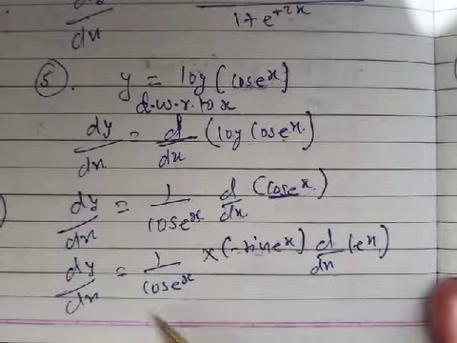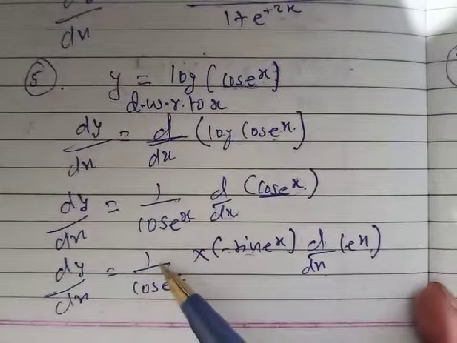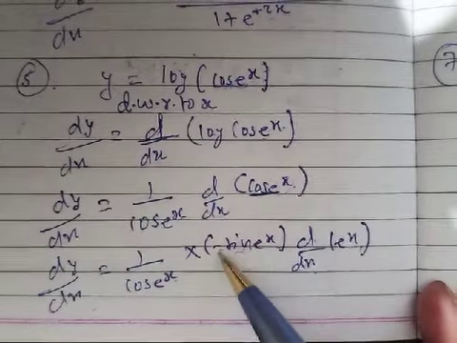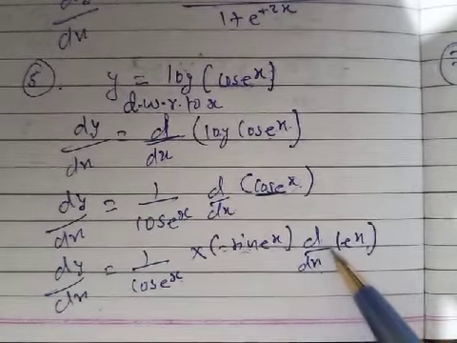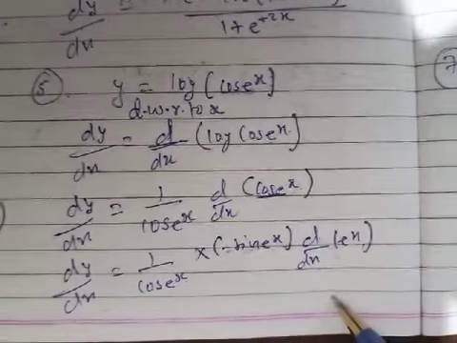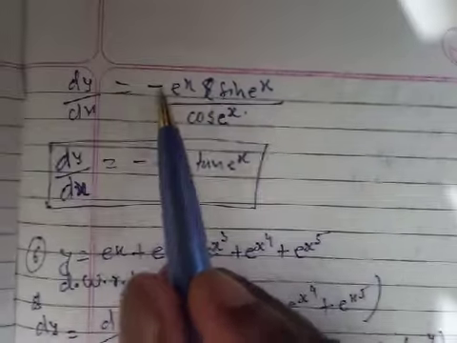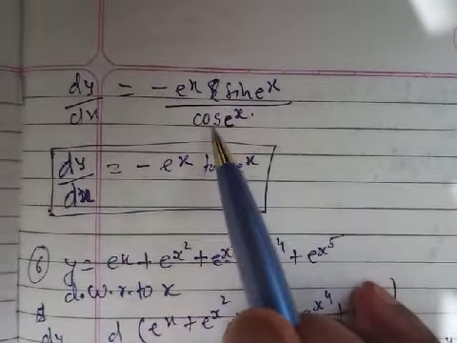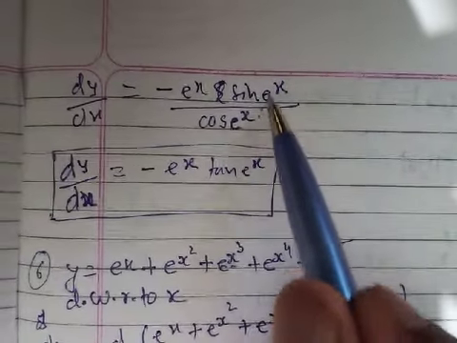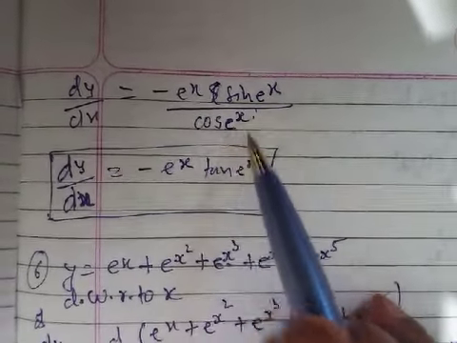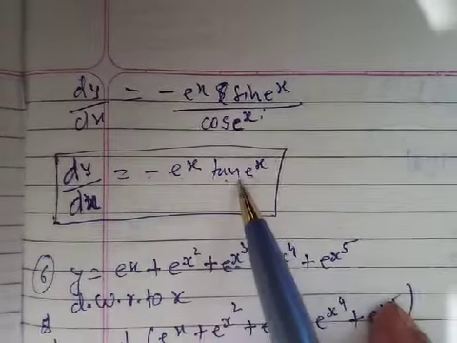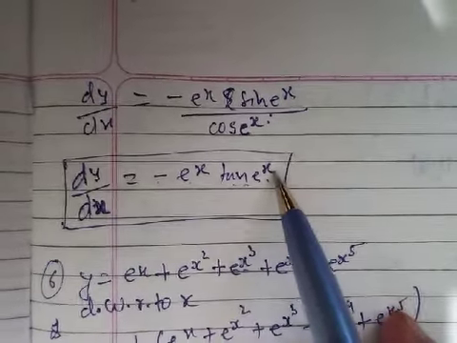So the final answer looks like this: minus sine e raised to x into e raised to x upon cos e raised to x. So sine e raised to x upon cos e raised to x is tan e raised to x. So minus e raised to x into tan e raised to x.